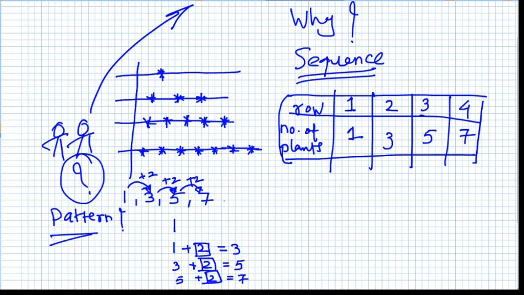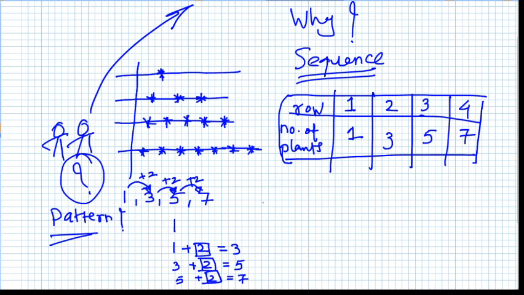This is how we are getting our numbers, right? Everywhere I need to add 2 to get the next number.